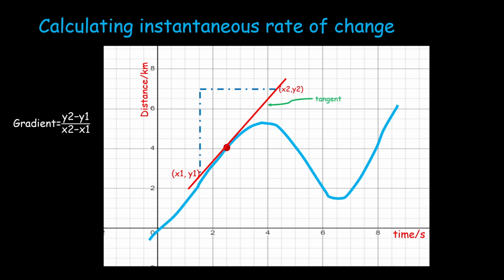This line is called a tangent to the curve. Now we can apply common knowledge of subtracting x and y values before working out the gradient. When we do all of these calculations, we get what we call the gradient of the tangent of the curve at that instant.